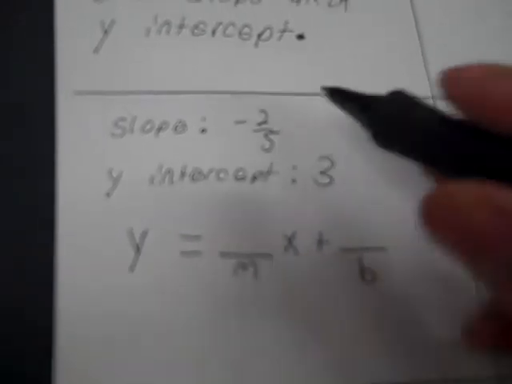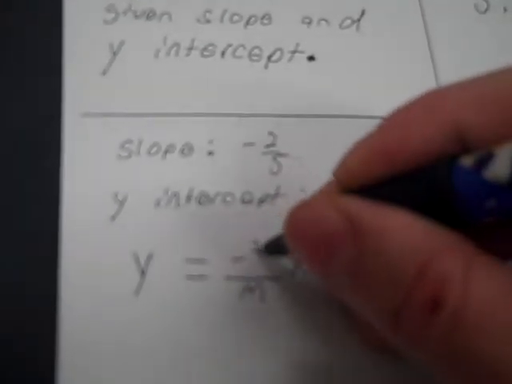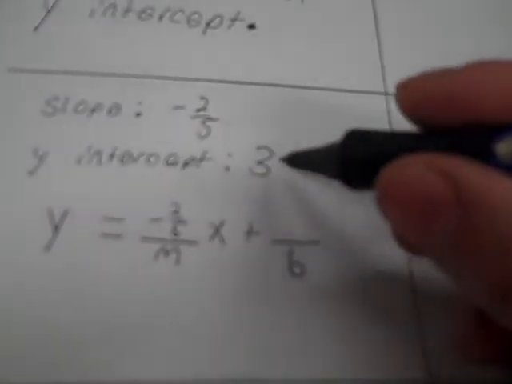The slope is the m, and it says that's negative 2/5. Okay, so negative 2/5 times x, plus b, and then that's a y-intercept, so that's 3. So that's our answer. Y equals negative 2/5 x plus 3.